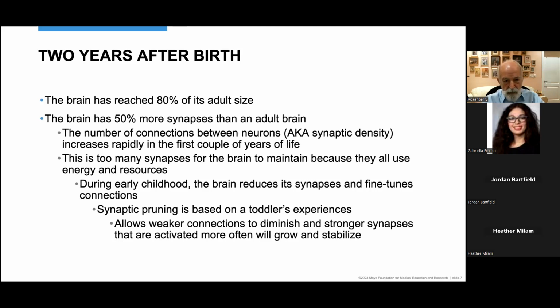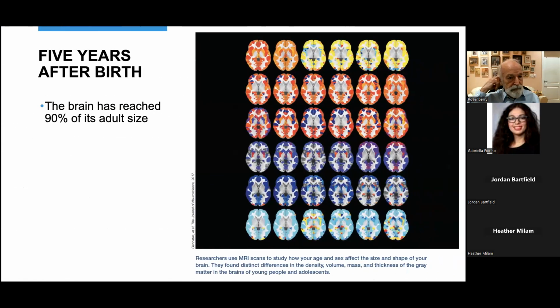In fact, too many synapses for the brain to maintain because they all use energy and resources. During early childhood, the brain reduces its synapses and fine-tunes connections, and synaptic pruning is based on a toddler's experience. Next. 5 years after birth, the brain has reached 90% of its adult size. Next.